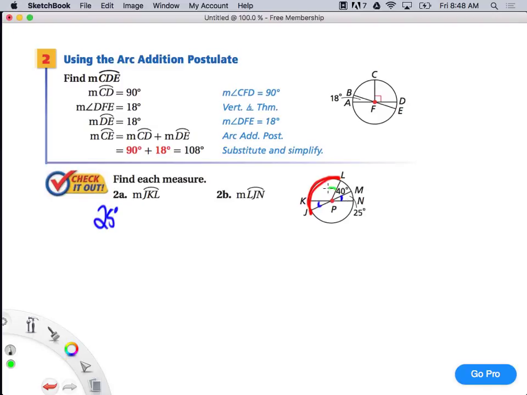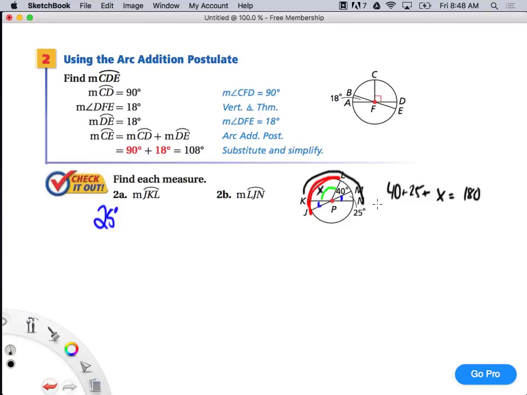Well, look, this green plus this, that all makes a straight line. You see that? These three angles make a straight line. So this would be 40 plus 25 plus this green angle, I'll call it x, equals what? 180, because this whole thing makes a straight line.